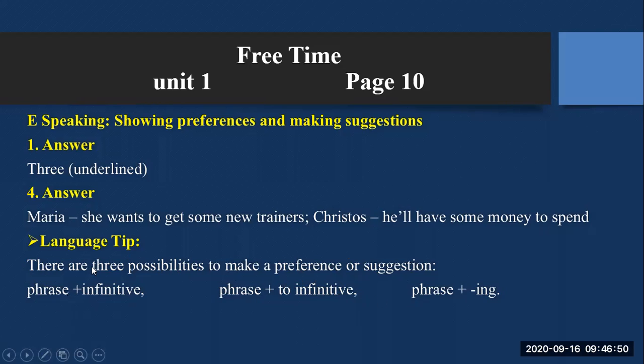Then we can make our preference or suggestion by starting our sentence with a suggestion phrase or preference phrase, and then we can add the ing form of the verb. So these are the three basic structures. By using these structures, we can suggest or we can prefer things.